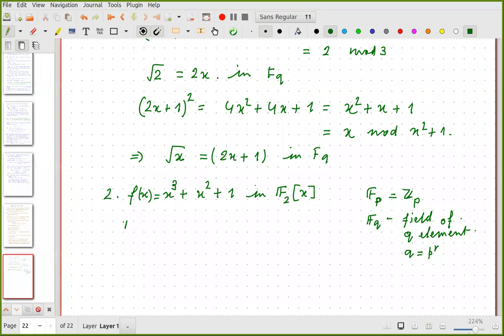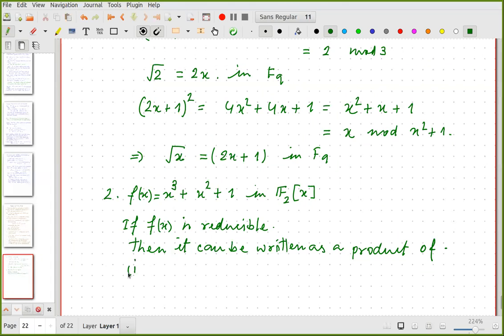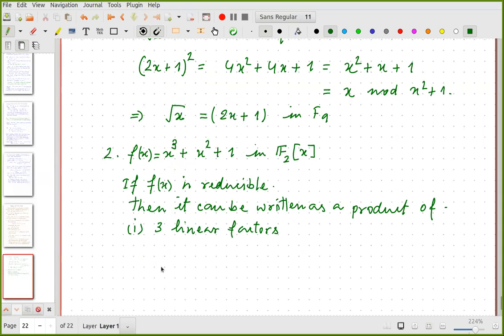So if f(x) is reducible, then it can be written as a product of, first option, 3 linear factors, so a product of 3 degree 1 polynomials.